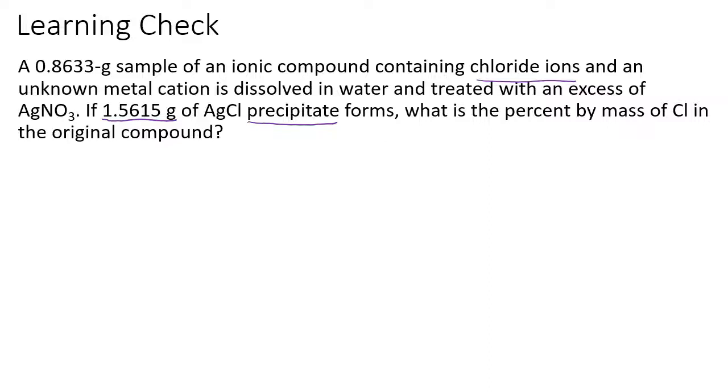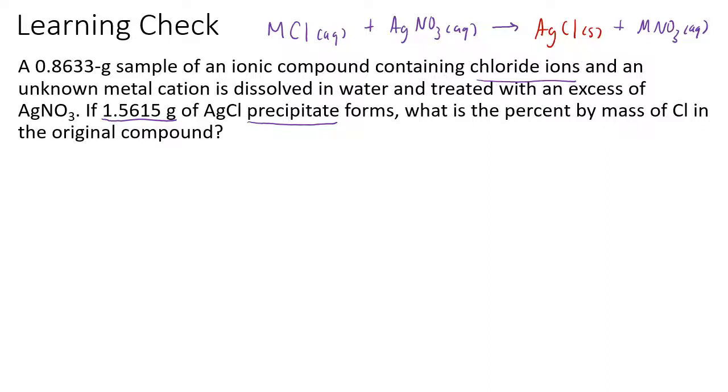So just like we saw before, we have some metal chloride reacting with silver nitrate, that's aqueous. This would be a double replacement type reaction where we're forming silver chloride as a precipitate, and then our spectator ions would be our metal nitrate, which would be aqueous.